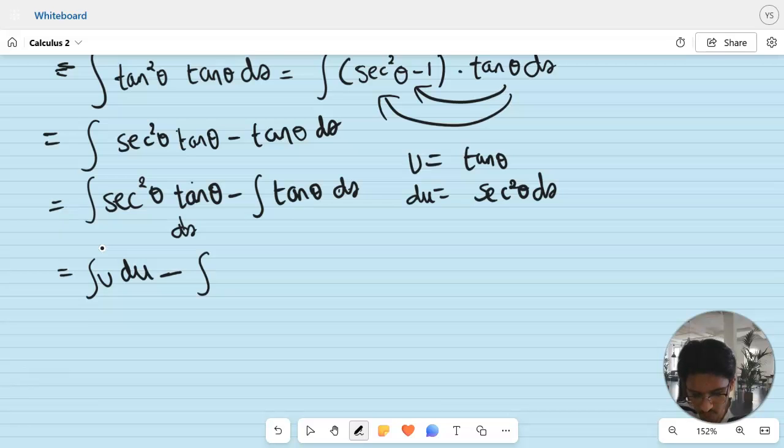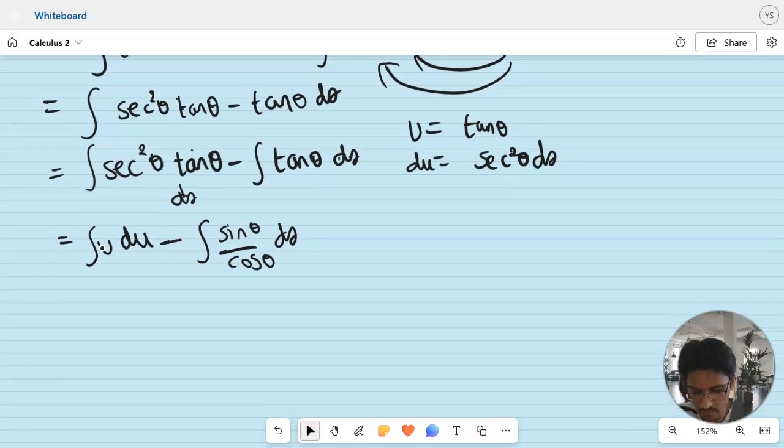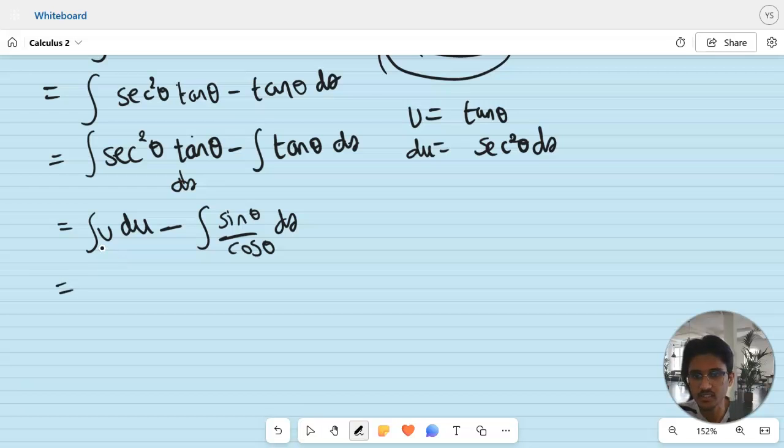Minus the integral of tangent theta d theta. Tangent can also be written as sine over cosine, right, guys? So we could just take the integral of u using our normal power rule.